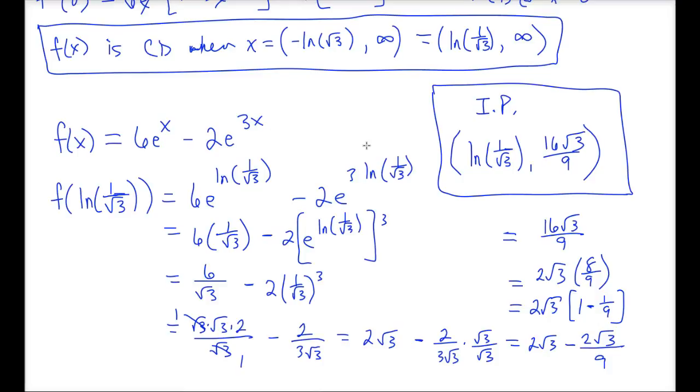But as long as you show me where your actual x and y value from your inflection point are and the interval, and the work is supported for that, it could be abbreviated some, but as long as there's enough work to follow so that I know that you know what you're doing, then that will be acceptable. Okay, all right, so let's move on to the next question.